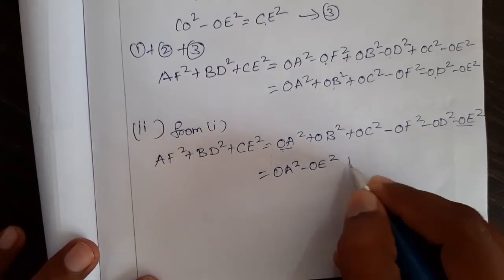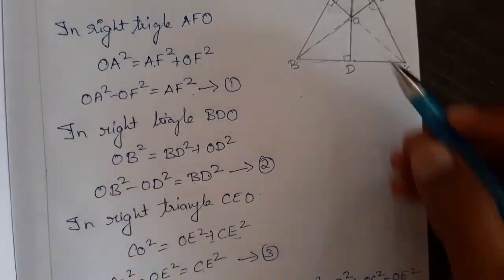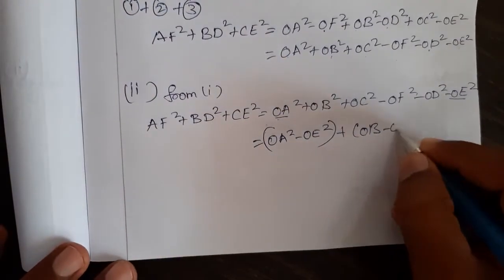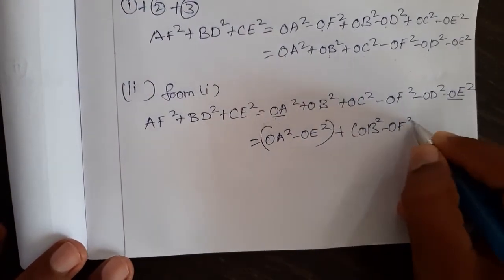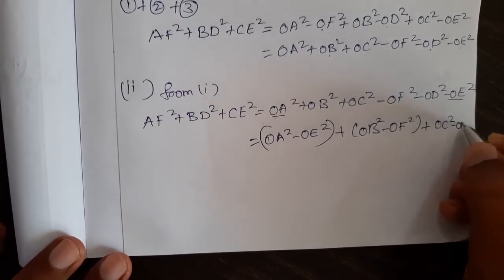Likewise, plus the next one is OB, so OB is with OF, right? So OB square minus OF square, plus the rest is OC square minus OD square.